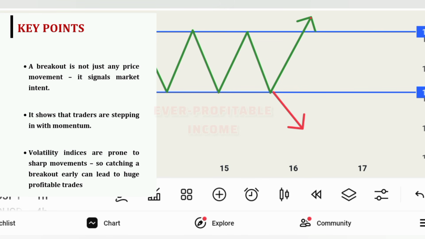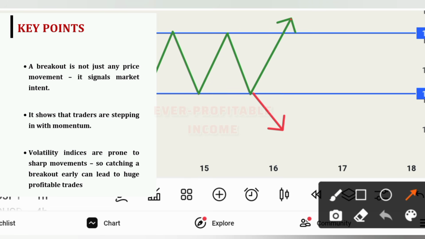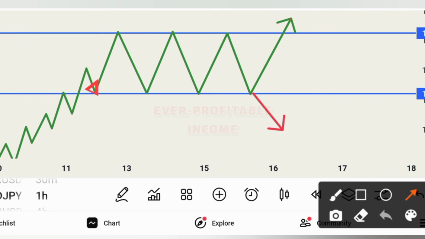Okay, so another point that you should note is that a breakout shows that traders are stepping in with high momentum. Whenever a breakout occurs, if price has been consolidating over here, right here, both buyers and sellers, no one has the upper hand in pushing the price upward or downward.